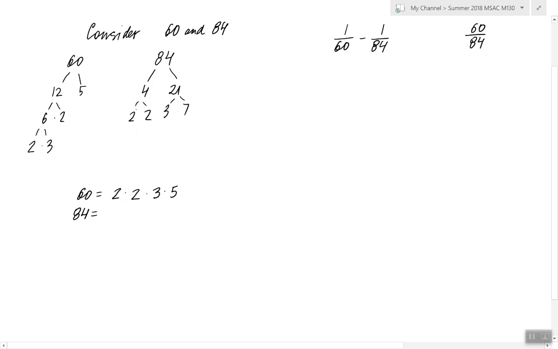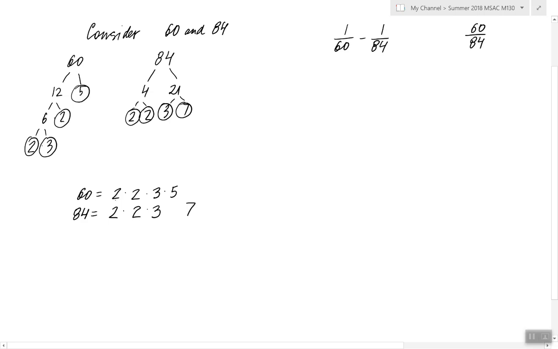So the prime factorization of 84 is 2, 2, 3, 7. The prime factorization of 60 is 2, 2, 3, 5. So here I have to write 2, 2, 3, 7, but since they already have a lot of matching factors, I'm going to write them so that 2 is under 2, another 2 is under another 2, and 3 is also under the other 3. 7 is different from 5, so I'm going to write 7 to the side.